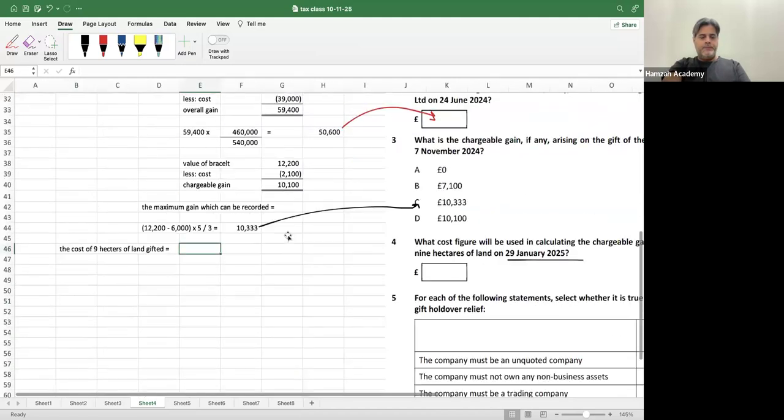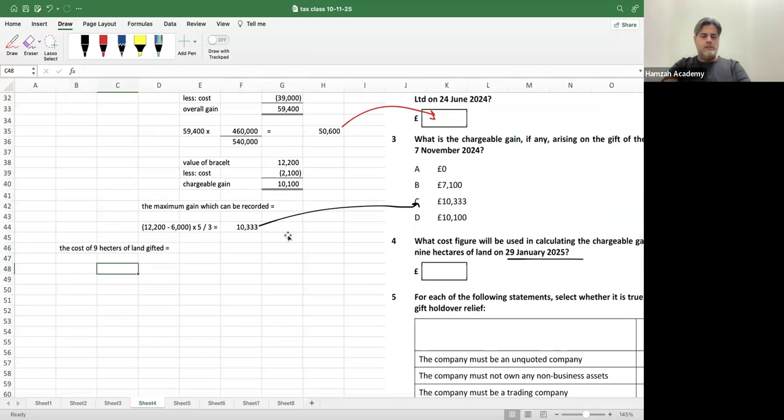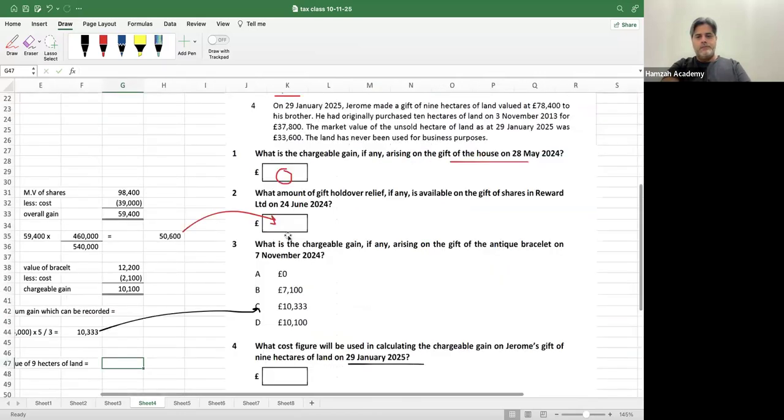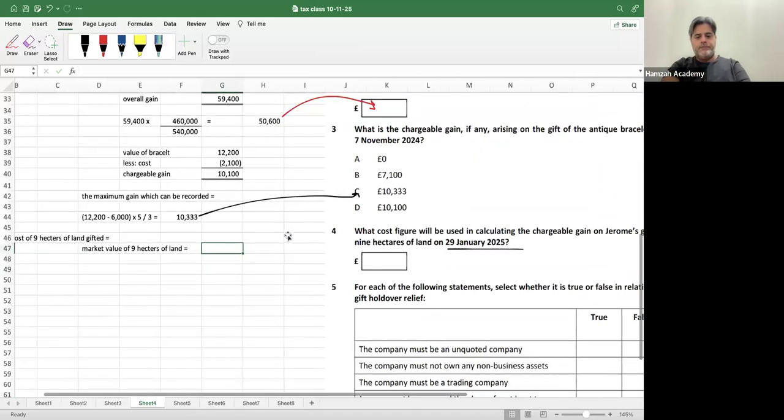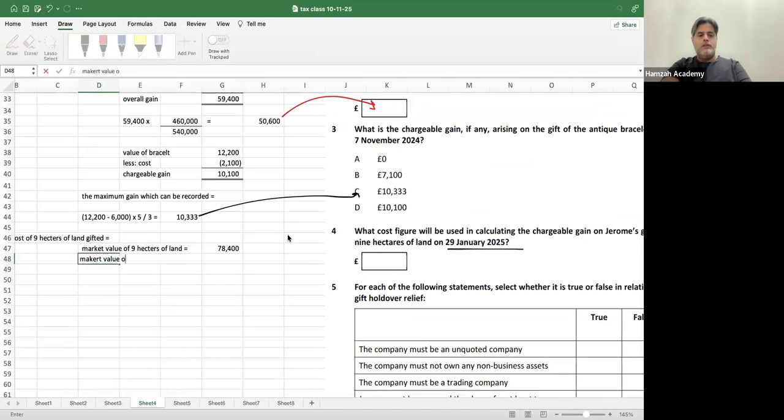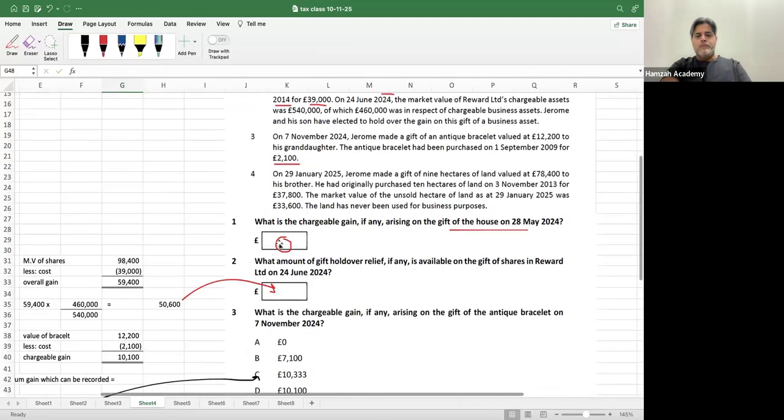So the market value of 9 hectares of land is 78,400. Then the market value of 1 hectare of land, the unsold hectare, is 33,600.